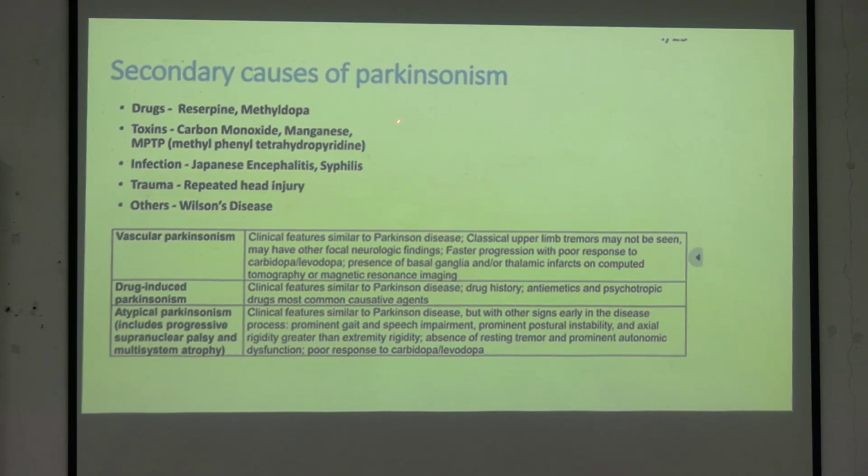Post-encephalitic Parkinsonism is not very uncommon; we classify this as a secondary cause. Trauma may be there, and Wilson's disease can also give rise to Parkinsonism. So there are different types: vascular Parkinsonism, drug-induced, atypical Parkinsonism. But remember these things: Parkinsonism can occur secondary to encephalitis, different drugs and the like, and there is one primary Parkinsonism where no such offending agent is present.